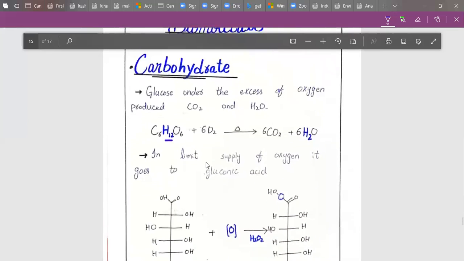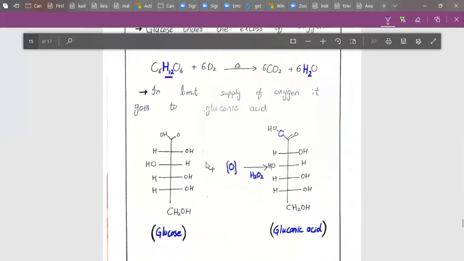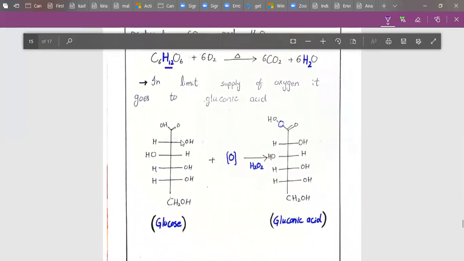This is also a structure of glucose, but in a limited supply of oxygen and in the presence of an H2O2 catalyst, it forms gluconic acid, and this hydrogen is attached at this point.